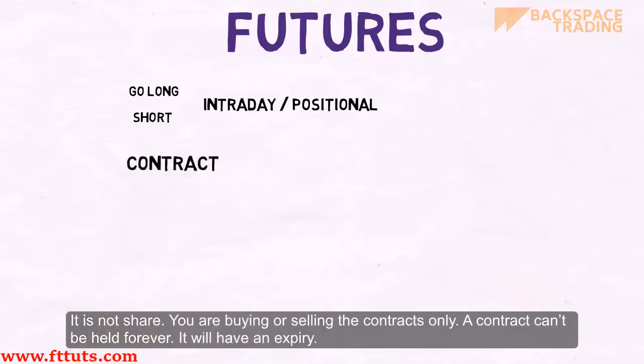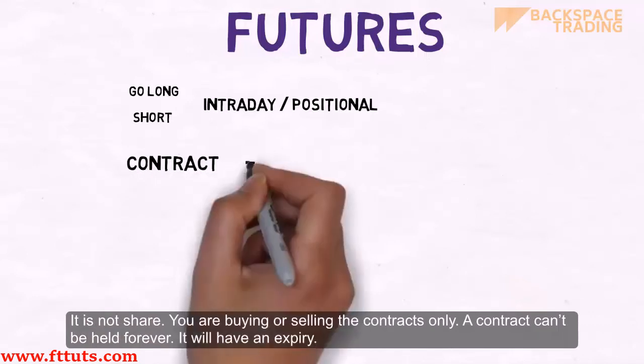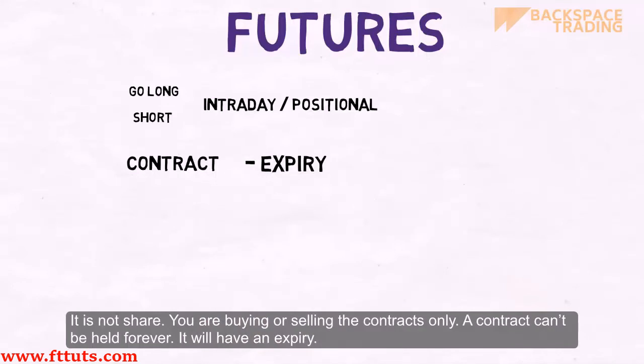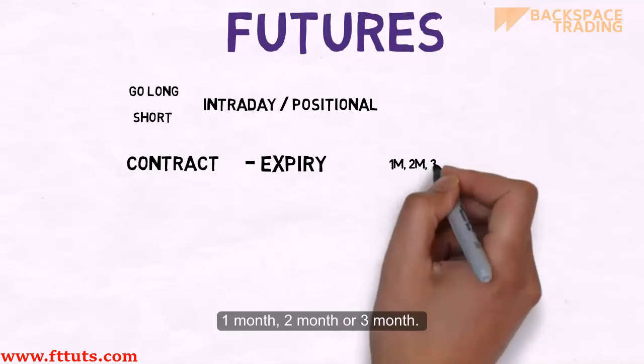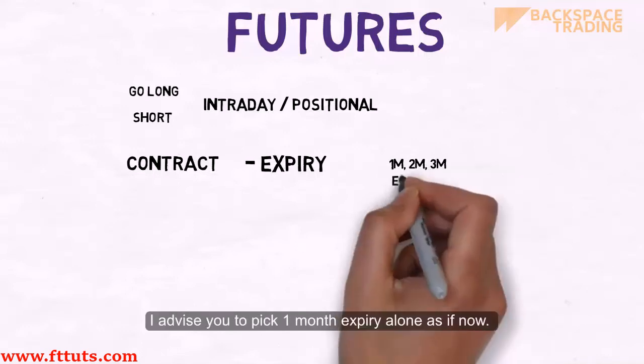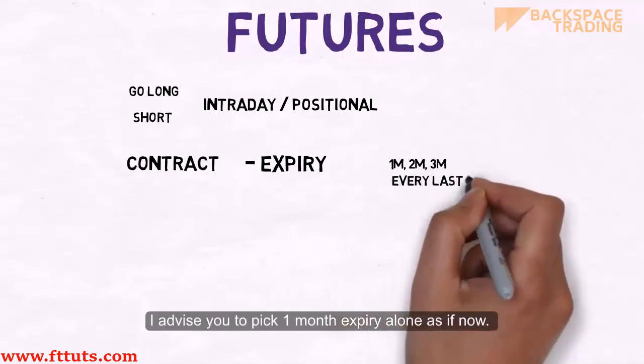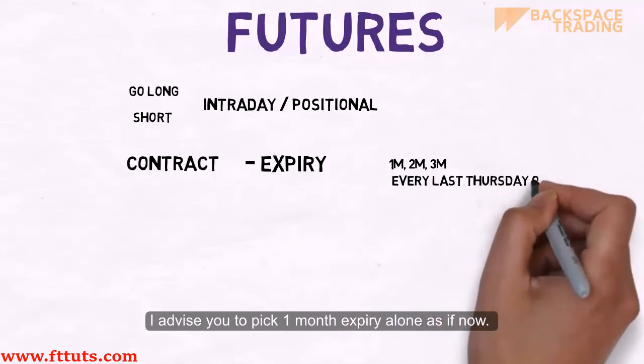You are buying or selling the contracts only. A contract cannot be held forever. It will have an expiry. It is a similar case with your job, a loan or an insurance policy. All have an expiry date. So for futures, expiry will be 1 month, 2 months or 3 months. And I advise you to pick 1 month expiry alone as of now.